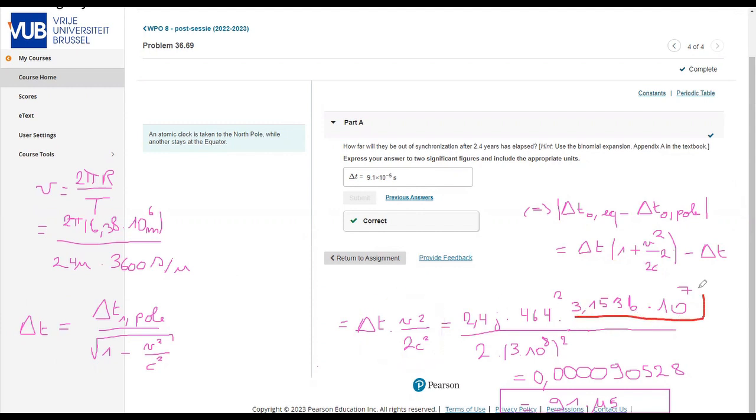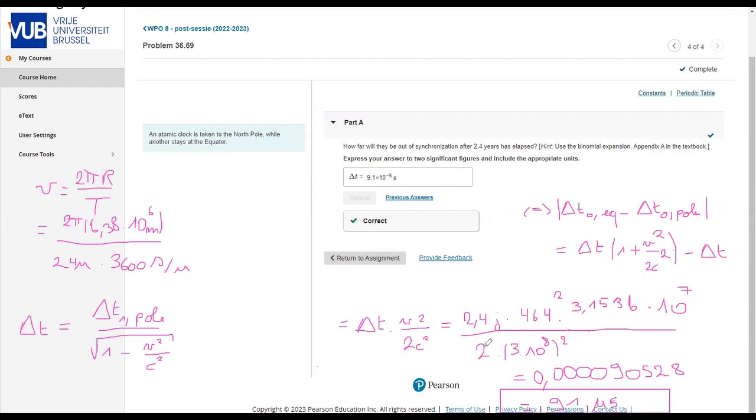So this number is just the seconds per year. How did I get this? I did 365 times 24 hours times 60 minutes times 60 seconds, and then it gives me this one, just for people who want to know how I defined this.